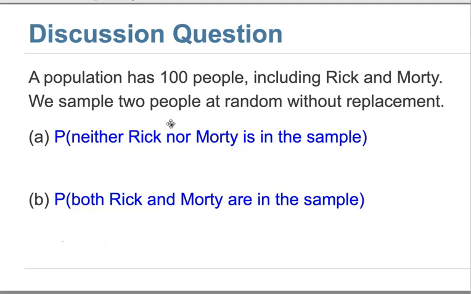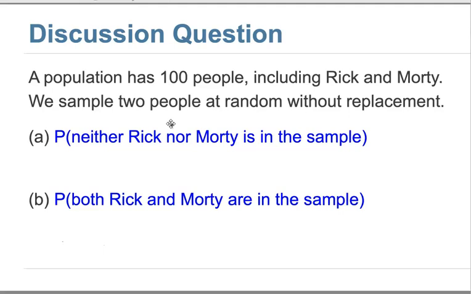So for the discussion questions, we have 2 questions. We have a population of 100 people, including Rick and Morty. We sample at random without any replacement, so we want to pick 2 persons from these 100 people. The first question: from the 2 people you randomly select, neither Rick nor Morty is in the sample.